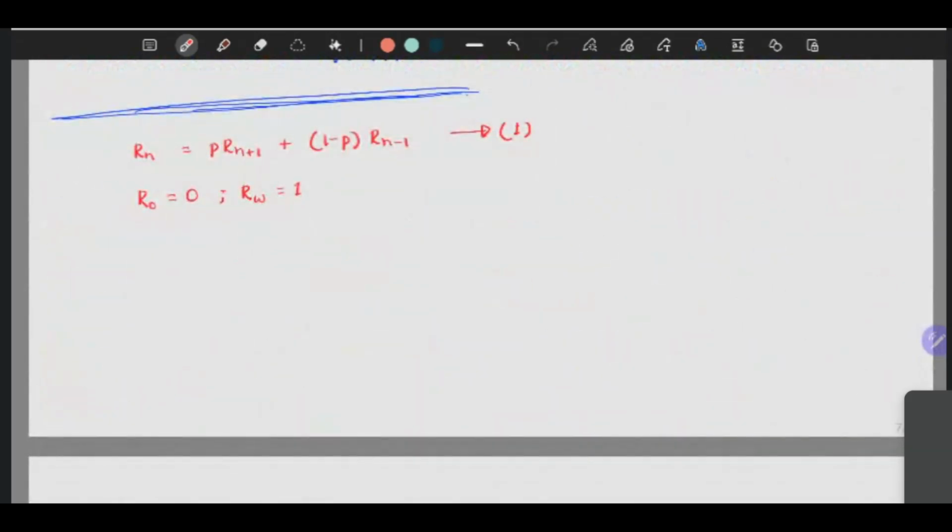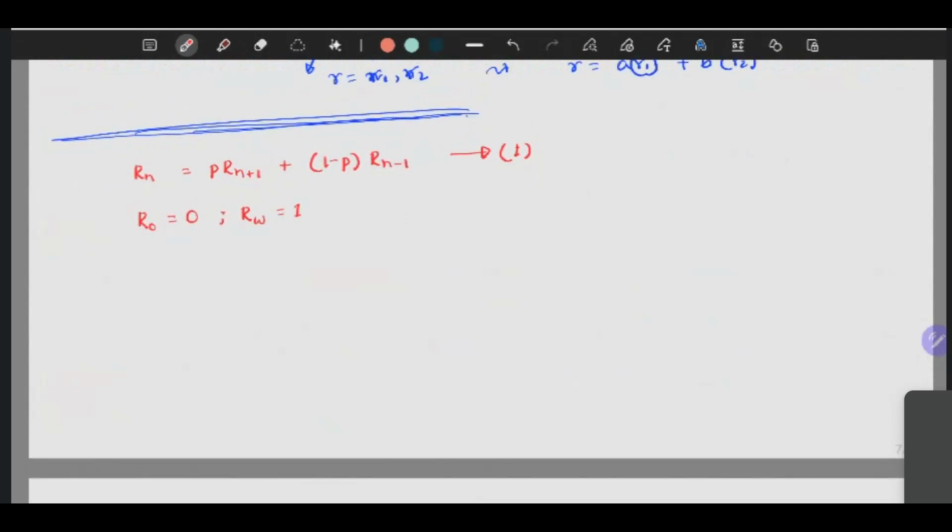So now we will rearrange these things because we have to write in terms of this. Then pRn+1 minus Rn plus (1-p)Rn-1 equal to 0 for n between 0 and W.